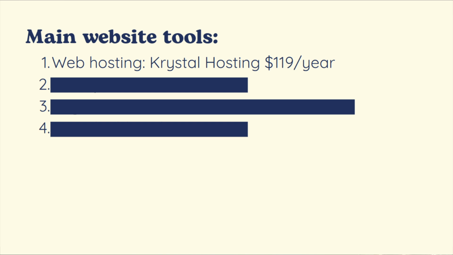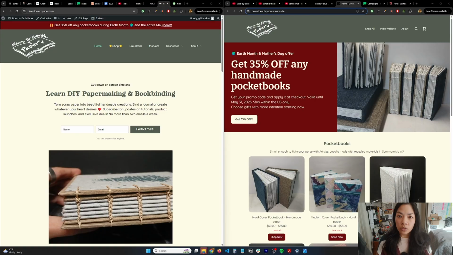Web hosting is like the heart of your online presence, especially if you choose an open source self-hosted tool like WordPress, where you have to find your own web hosting. Web hosting is going to be a big part of whether or not your website is secure, fast, and efficient. The web hosting I am using is Crystal Hosting.